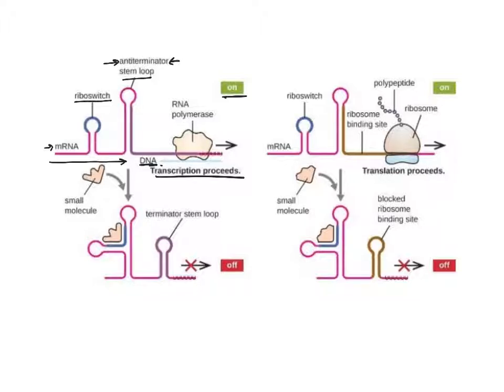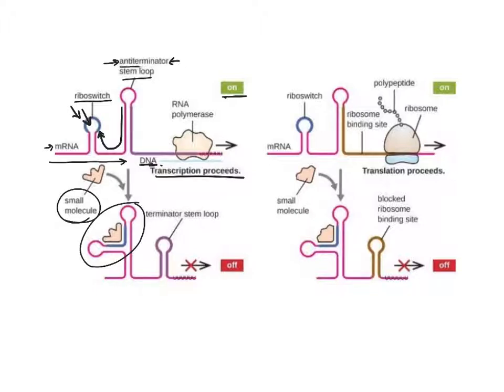Now, if we look below that, if we take this small intracellular molecule and it binds to the riboswitch region, note that up here the riboswitch region is this bluish color. Down here it attaches to this bluish colored region, and the way I kind of think of it is it takes all of this DNA and scoops it over there because it pushes down on this region and pulls the DNA to the left. When it pulls that DNA to the left, it forms this structure.